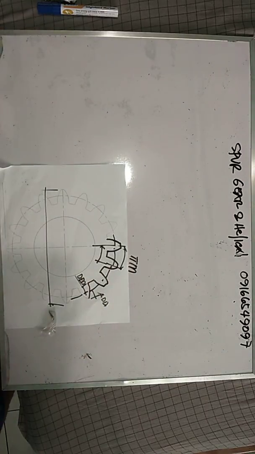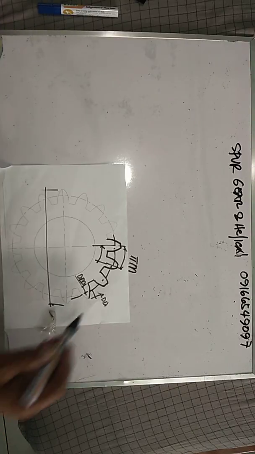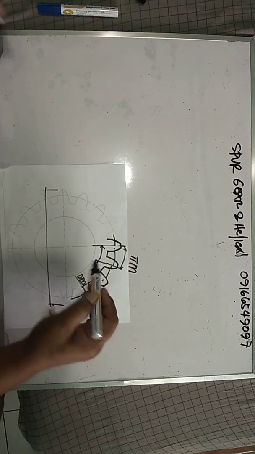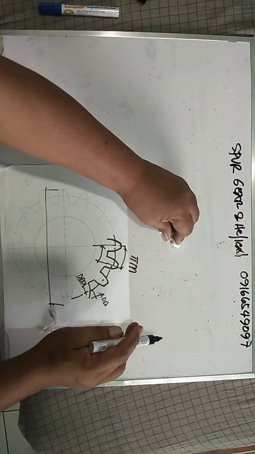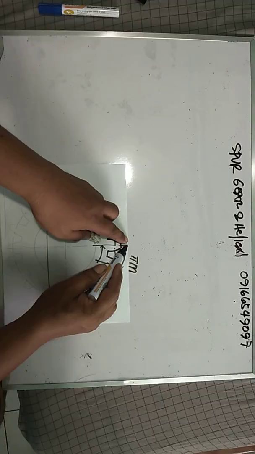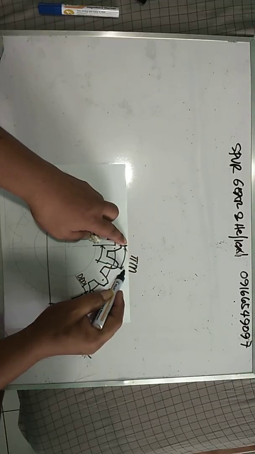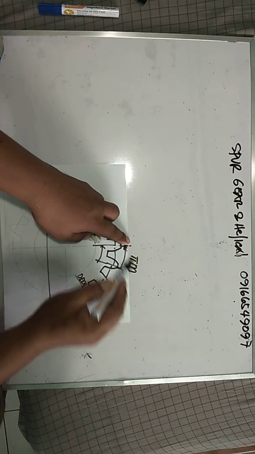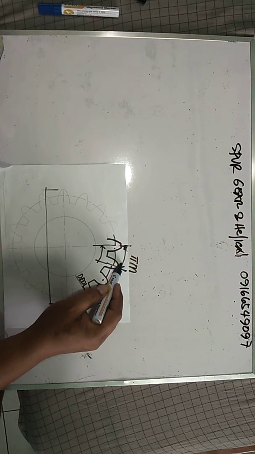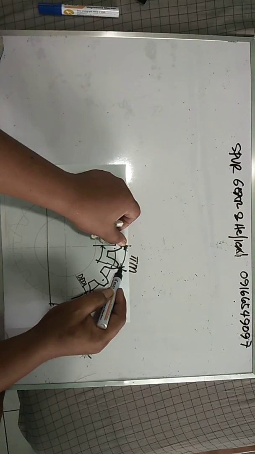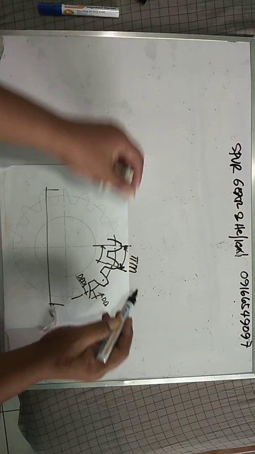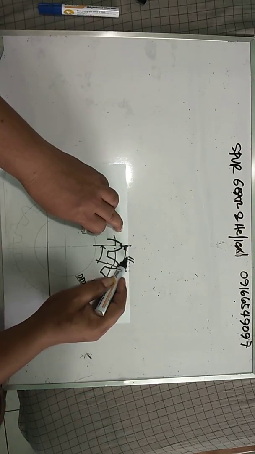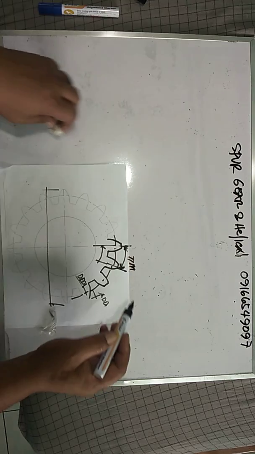In helical gear, that is also equal to pi times module, but we do not need this distance. The other distance I will show you. This is the center line.